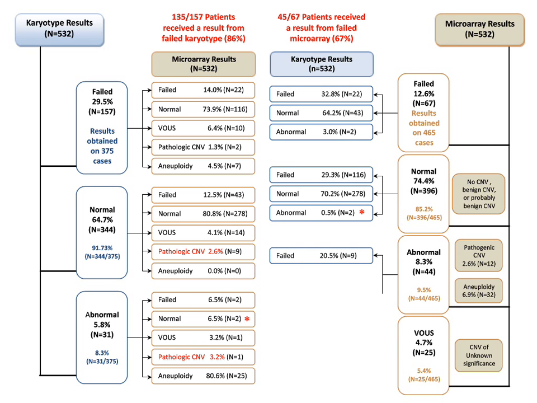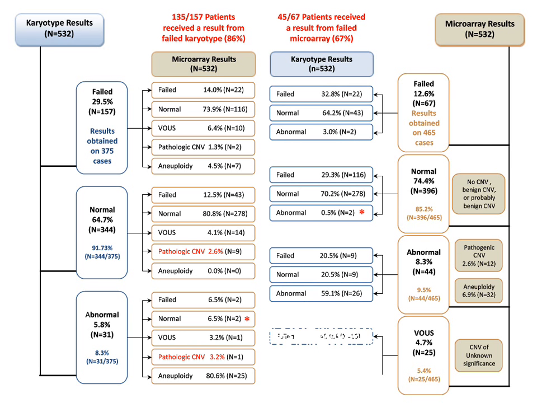Failures in the abnormal microarrays by karyotype were seen in 20% of cases. About 60% were abnormal, as you would expect, a high proportion, and normal in about 20%. And the variants of unknown significance failed in about 40% of karyotypes, were normal in 56%, and were abnormal in about 4% of cases.